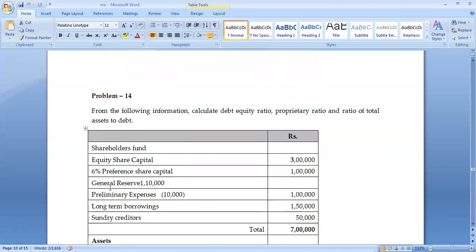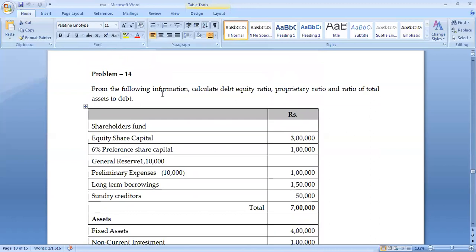Okay. Now, the 14th one. From the following information, here also you need to calculate the debt equity ratio, and one more added to it, you are required to find out the proprietary ratio. As the name suggests, it is a proprietary ratio.